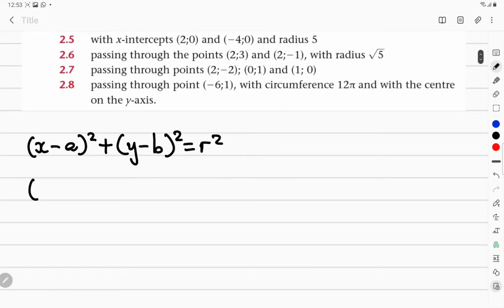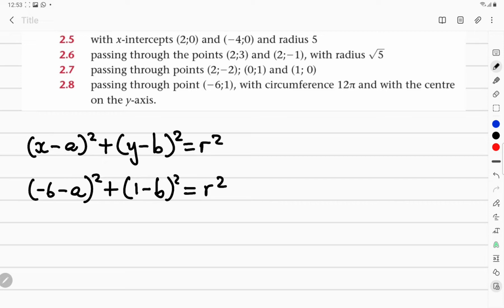So -6 minus a, then plus 1 minus b, equals r². So we are given the circumference.